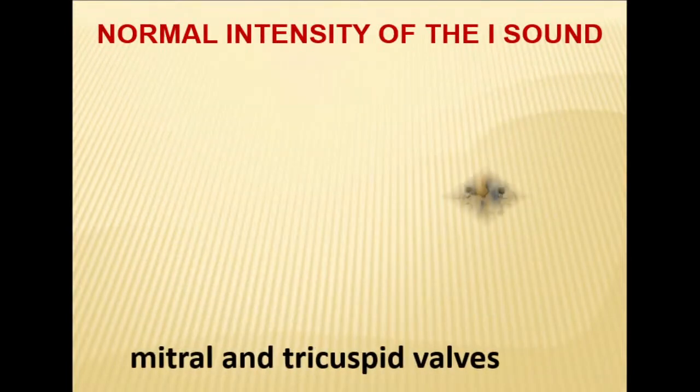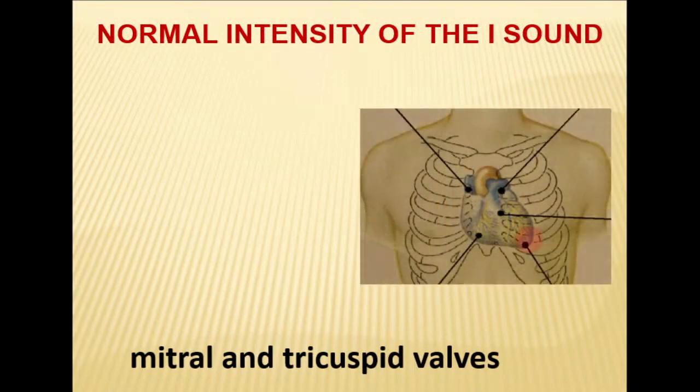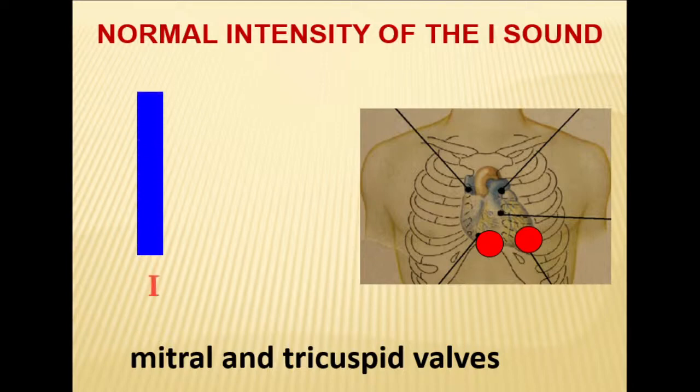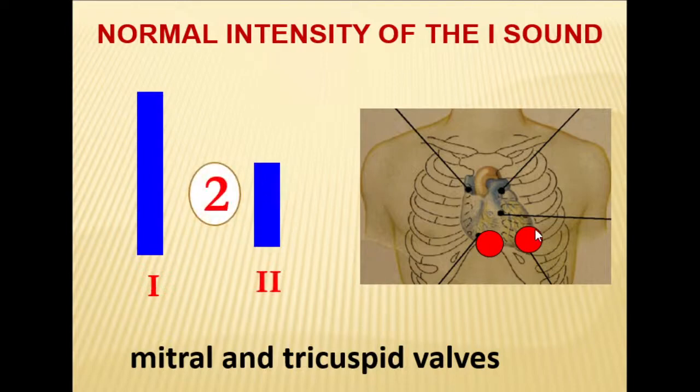What is the normal intensity of the first sound? We are talking about normal intensity of the first sound when it is heard 2 times louder compared with the second sound when our stethoscope is over the heart apex and xiphoid process.